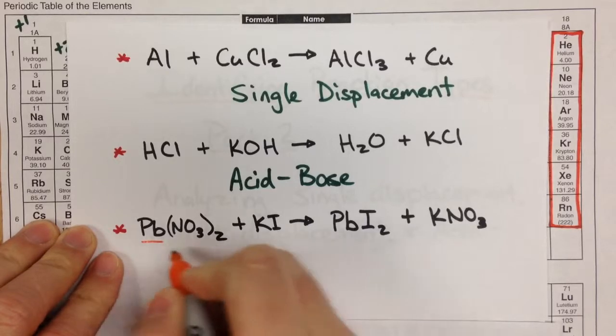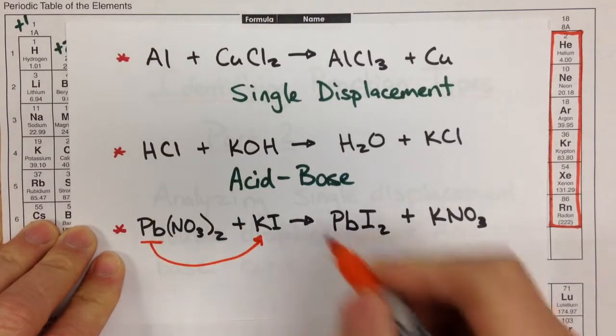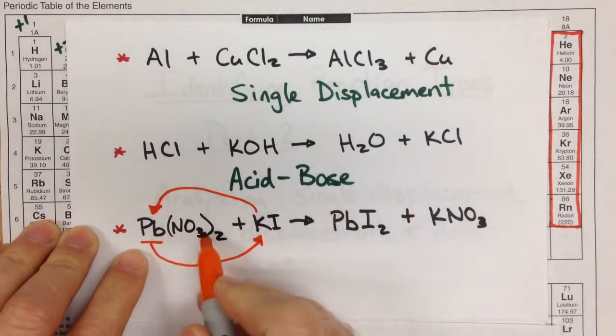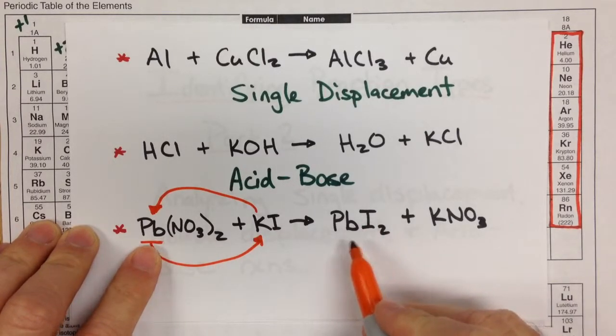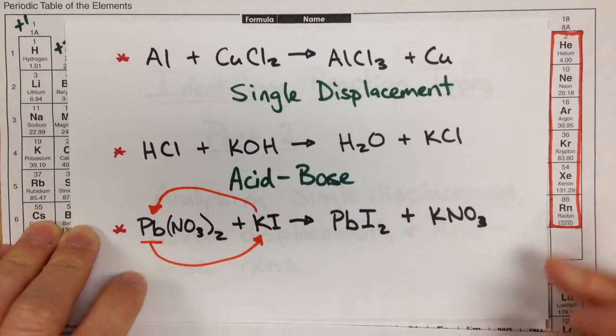So lead ought to come in and kick out potassium, and potassium ought to come in and combine with the nitrates. See if that happens. See if we got Pb and I. We sure do. And see if we have K and NO3. We sure do.